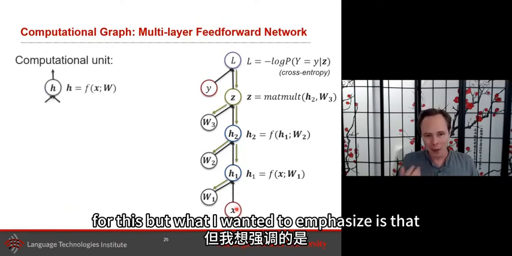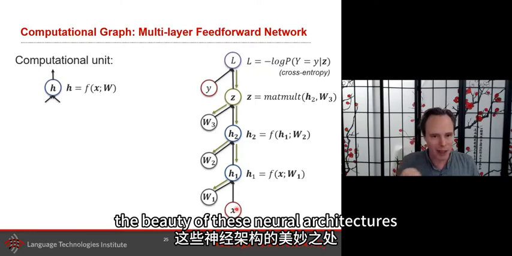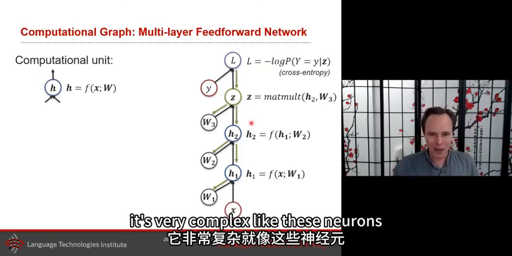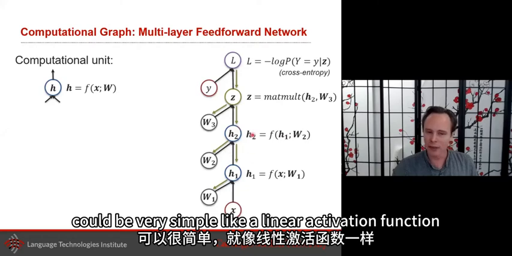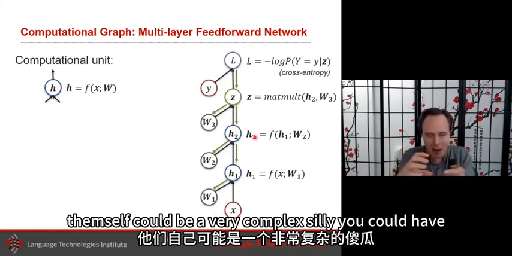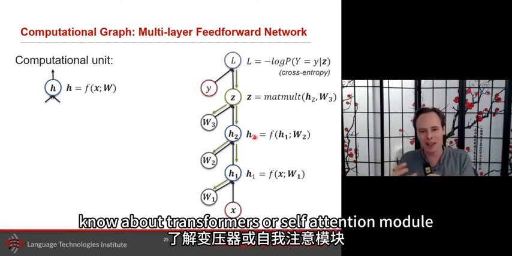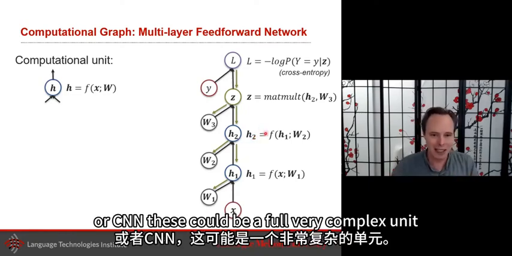But what I wanted to emphasize is the beauty of these neural architectures: although it's very complex, these neurons could be very simple, like a linear activation function, or could themselves be very complex. You could have a full transformer, for people who know about transformers, or a self-attention module or CNN. These could be a full, very complex unit.